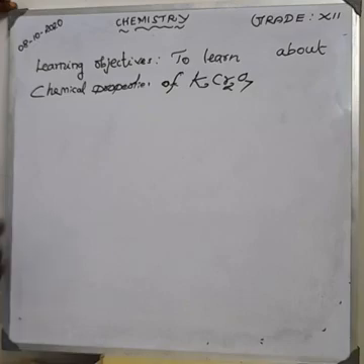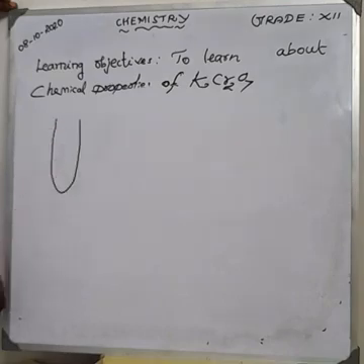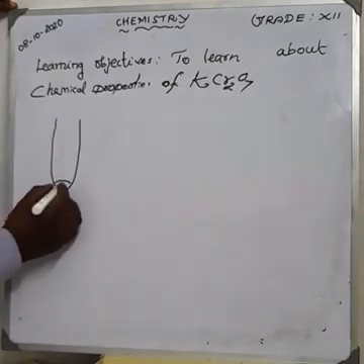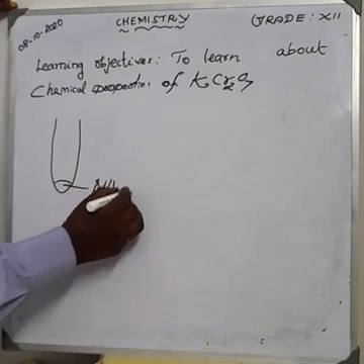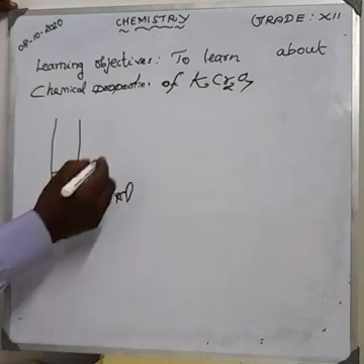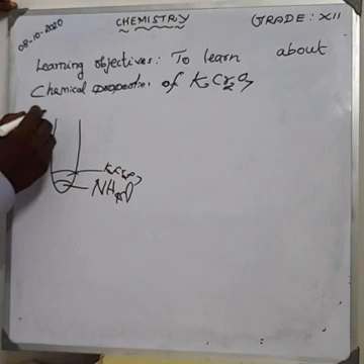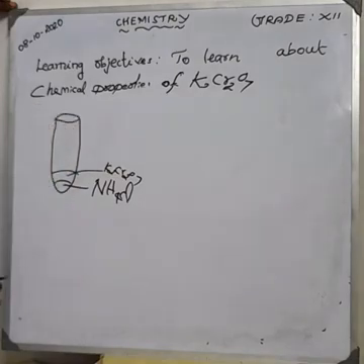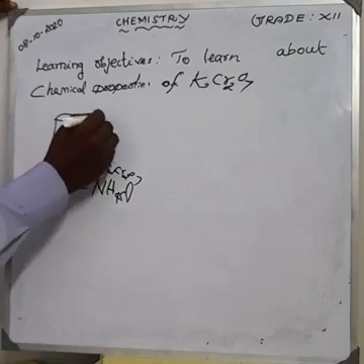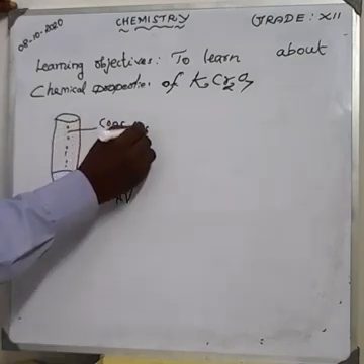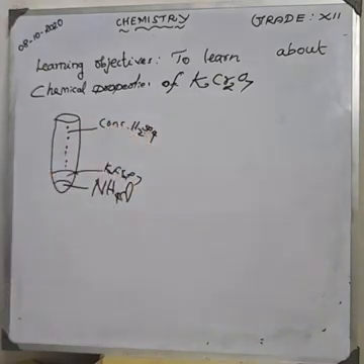For example, we take one test tube and add, for example, ammonium chloride, NH4Cl. Then we add a pinch of potassium dichromate, K2Cr2O7, and a drop of concentrated sulfuric acid.